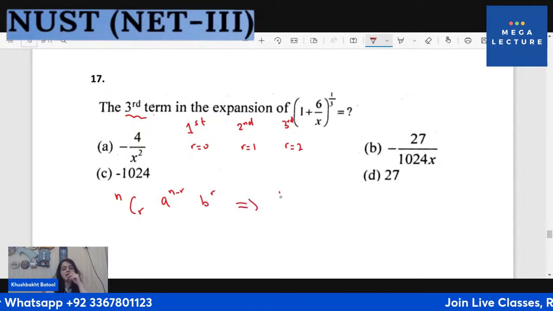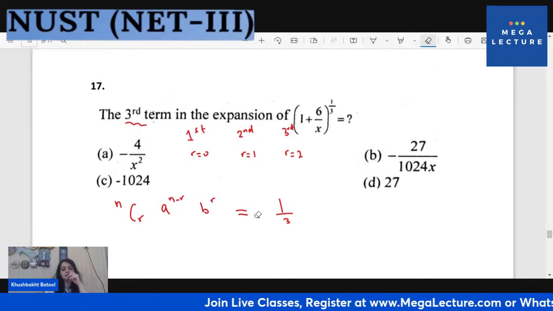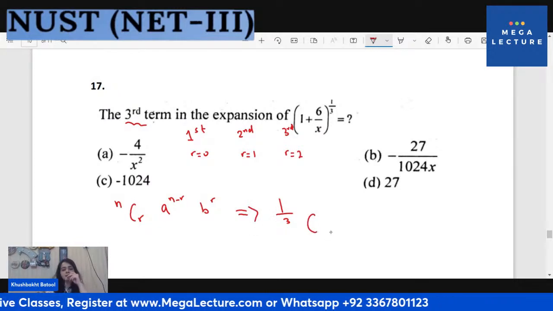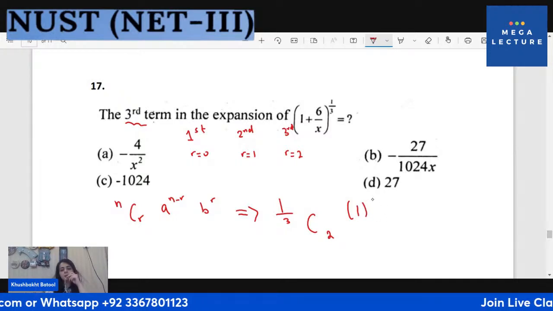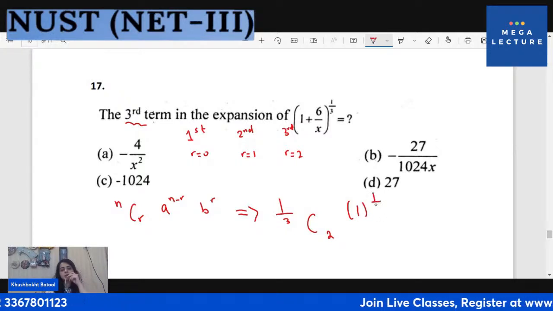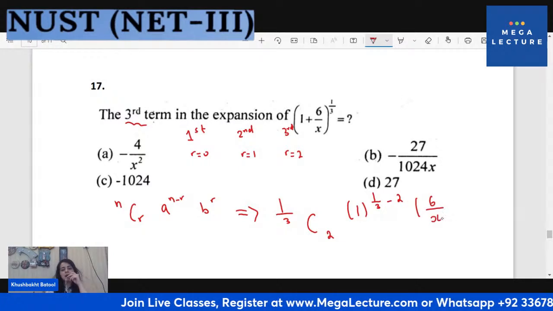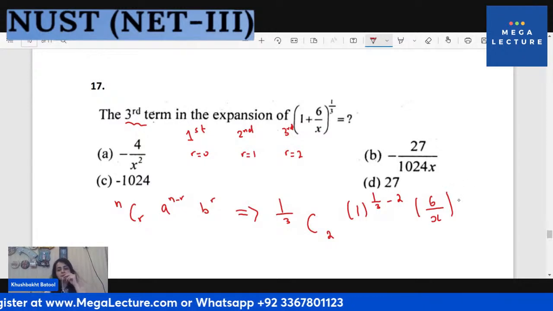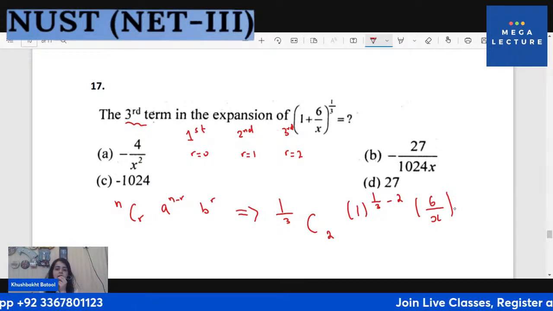Using this formula, I can write down 1 by 3 c 2, 1 power n minus r, so it would be 1 by 3 minus 2, and then 6 by x power n minus r.